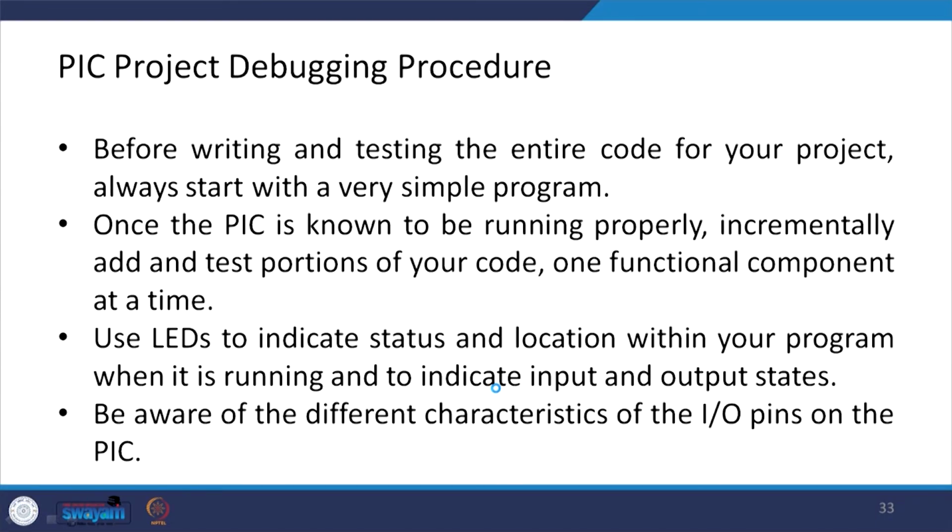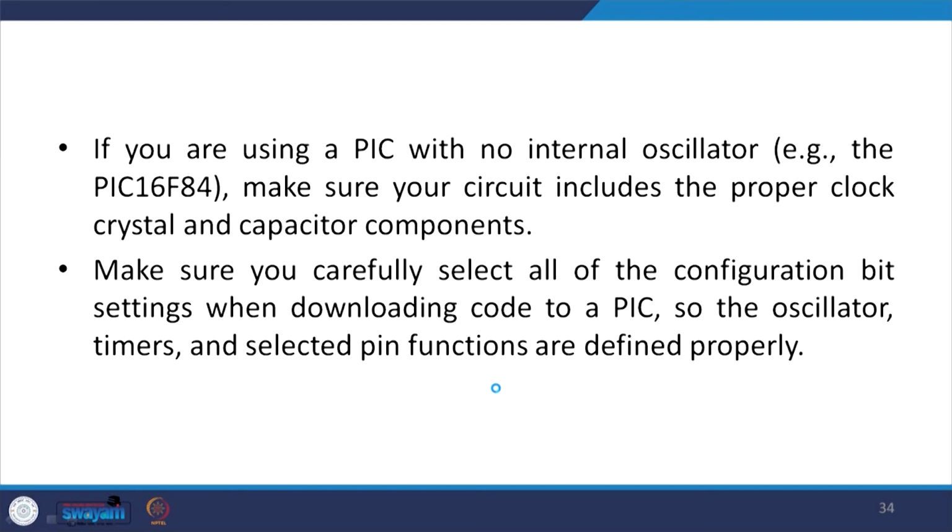Use LEDs to indicate status and location within your program when it is running, and to indicate input and output states. Be aware of the different characteristics of the input output pins on the PIC. If you are using a PIC with no internal oscillator, make sure your circuit includes the proper clock crystal and capacitor components. Make sure you carefully select all the configuration bit settings when downloading the code to a PIC, so that the oscillator, timer and selected pin functions are defined properly.